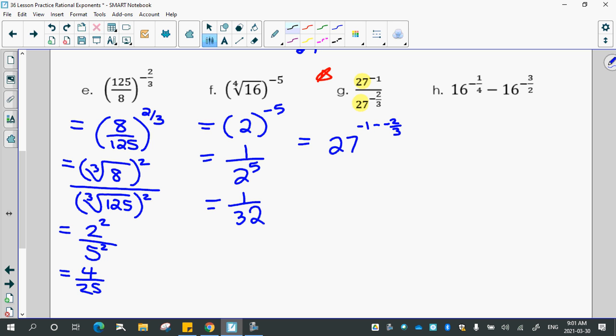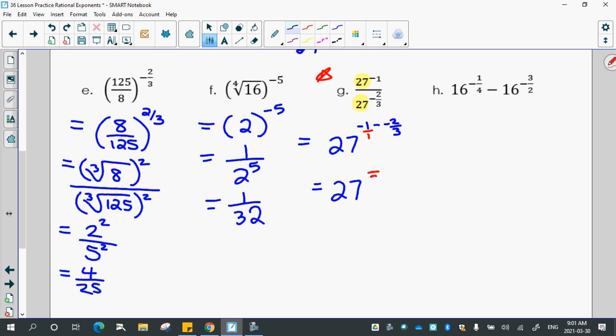Now, how do you subtract, end up adding really, those exponents? Common denominator. So right now, this denominator is a 1. Does everyone see that? And the common denominator of the exponents would be a 3.